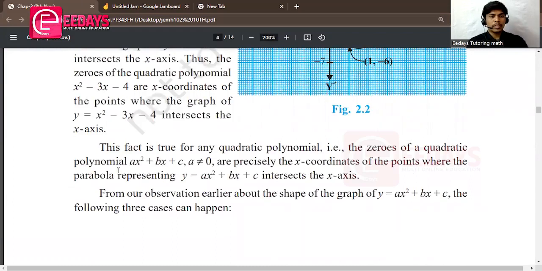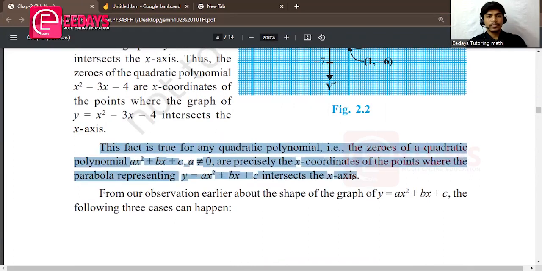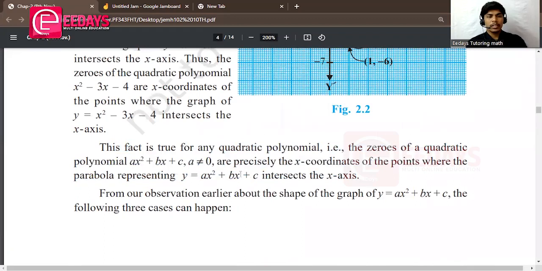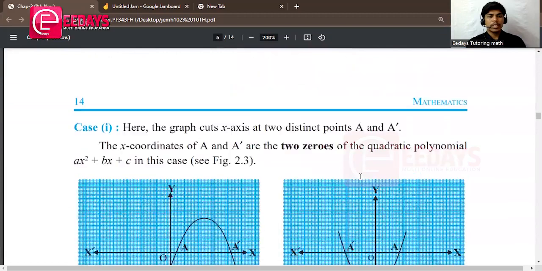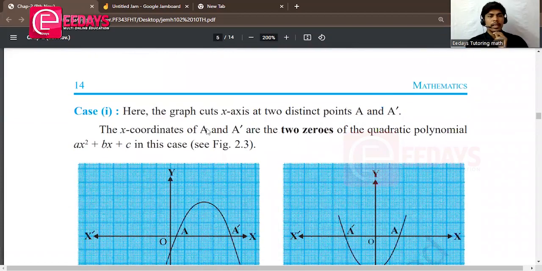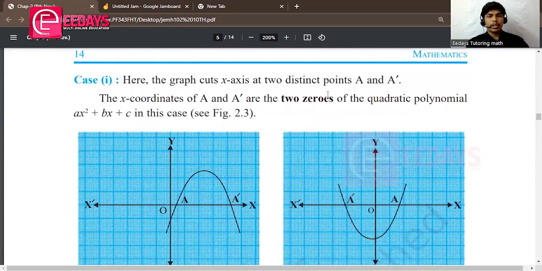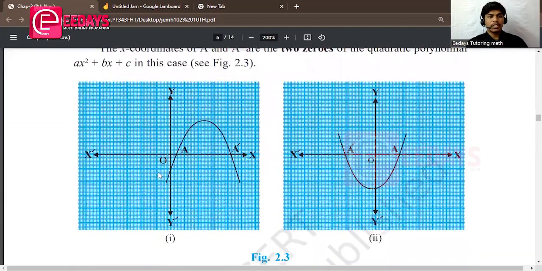So in fact, observe the statement here. The true fact is that this point is important. The parabola intersects, simply cuts, the x-axis. I hope you understand. Observe the case one. Here the graph cuts the x-axis at 2 points, a and a dash. That's why the zeros are 2.